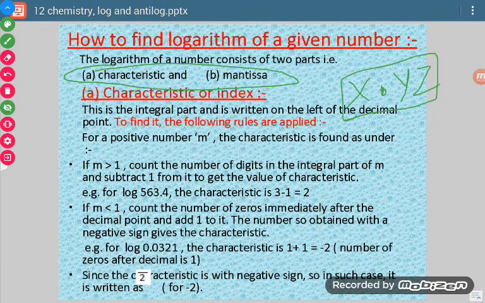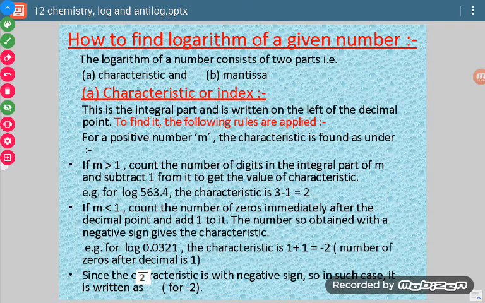Just like I am reporting my answer as x point yz, so x becomes our characteristic and the part after decimal, yz, becomes our mantissa. How to calculate these two parts? One by one we will do it.